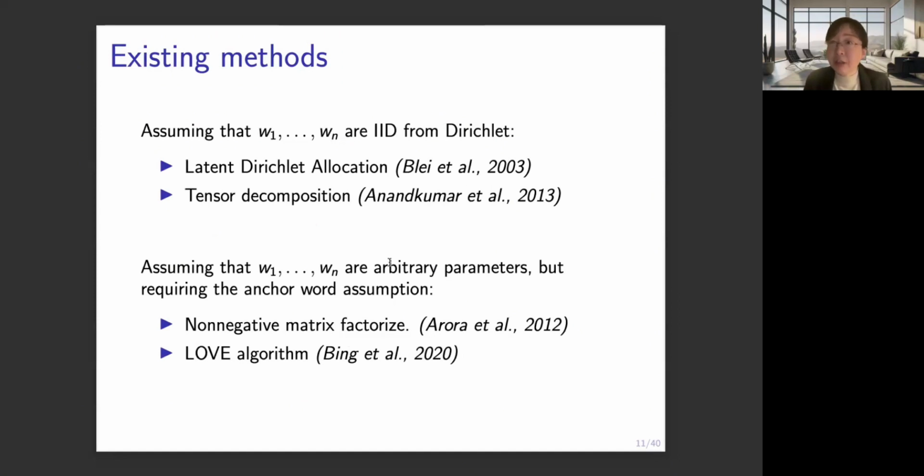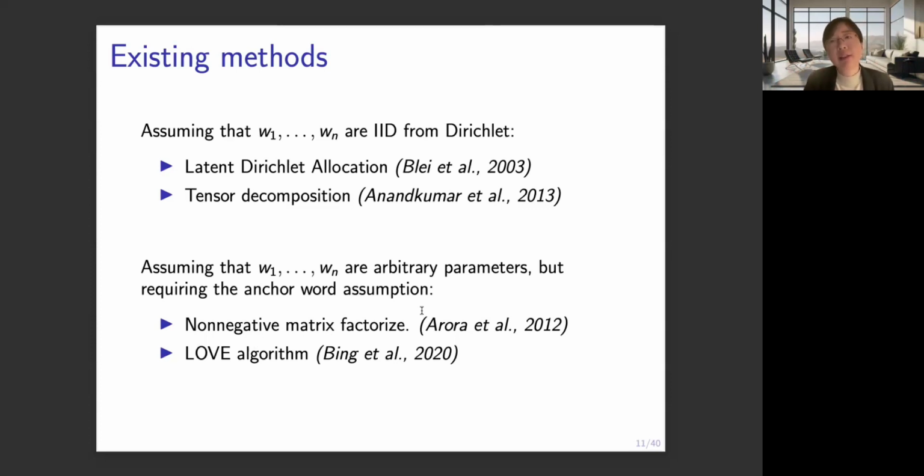Just in recent years, the frequentist approach started to draw more and more attention. In this approach, we view the topic model as a factorization structure on the word count matrix. So A and W are two factors, and they are just arbitrary unknown parameters. We want to use the frequentist approach to estimate these two factors.